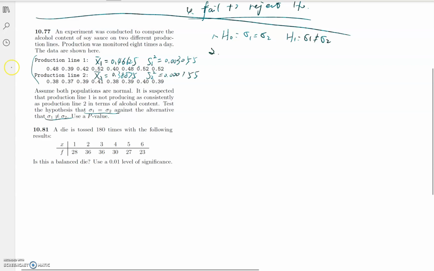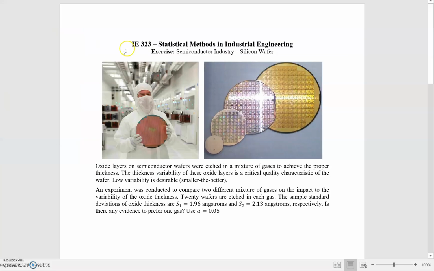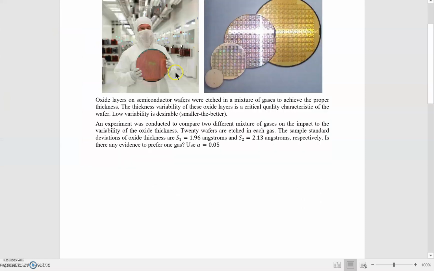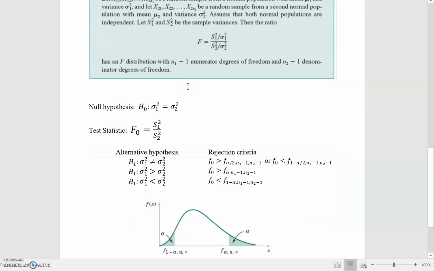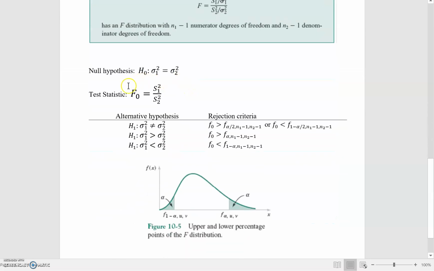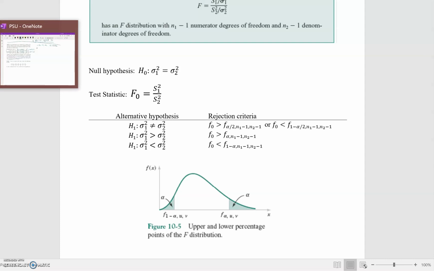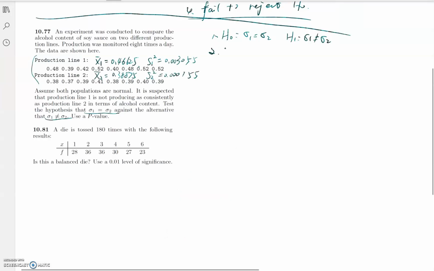So let's take a look at how we solve this problem. In this document, the formula was given. So f0 is this. We need to compare f0 with those two sides, this one and this one, because it's unequal. f0 equals s1 squared divided by s2 squared.